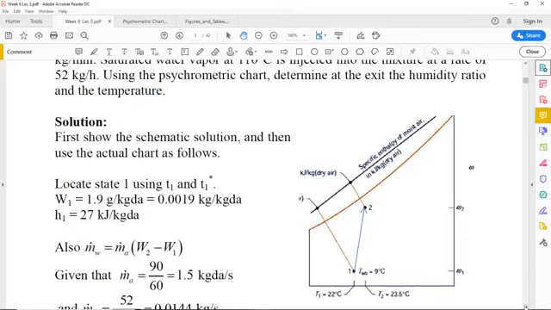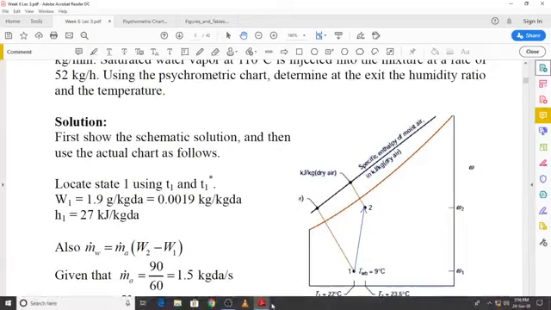So when you locate the state point on the psychrometric chart, you will be able to read the humidity ratio and the specific enthalpy, which I have already shown in the solution as 1.9 grams per kilogram dry air and 27 kilojoules, and these values we can confirm by going to the psychrometric chart.